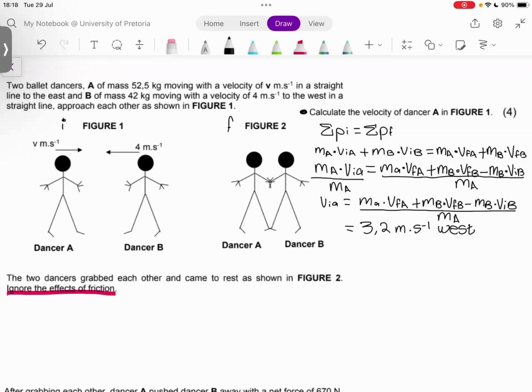Some of you have written east. I'm not too sure how you've gotten that. It could be an issue of confusing your convention, or your positive and negative directions, with the actual terms associated. I'm seeing more east than west, whereas our answer in this case is west. We have to remember our poles.